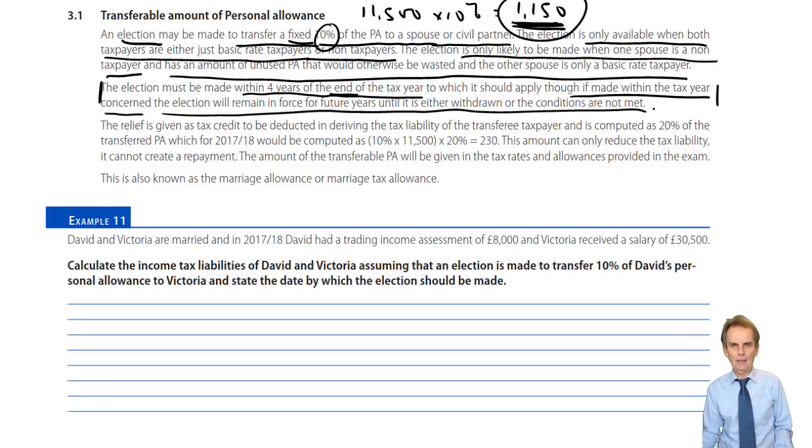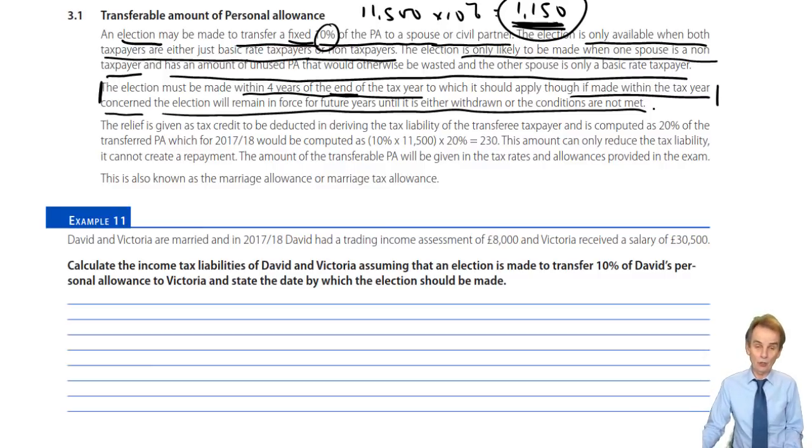Can't happen. It's either both basic rate taxpayers, in which case usually there's not much point in shifting this transferable amount of personal allowance from one to the other, though in some very specific circumstances it might still be worthwhile. But the circumstance you'll be looking out for, one of the spouses is a non-taxpayer and the other is a basic rate taxpayer.